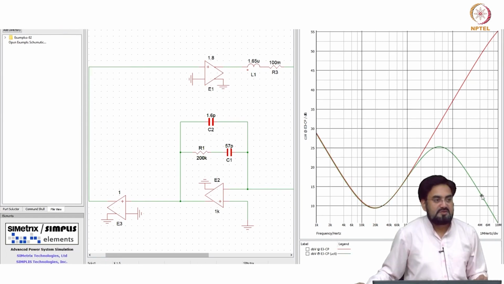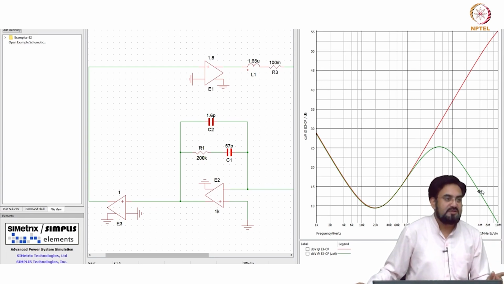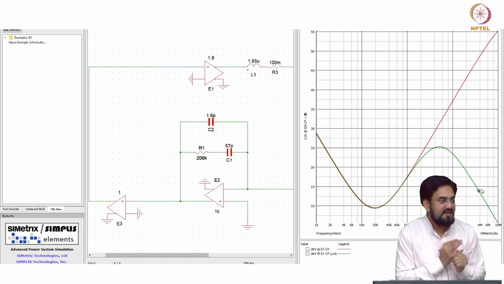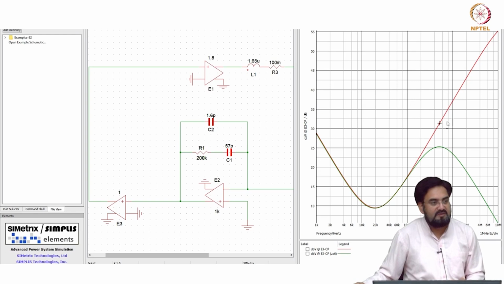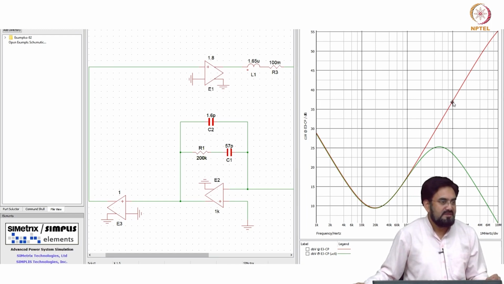Okay, so you have 3 poles and 2 zeros, one integrator and an additional pole. So it was rising, so one pole will cancel the zero, the other pole will cause minus 20 dB per decade. Now if I look at the gain at 1 megahertz, here the gain is 23 dB, but here the gain is 37, close to 40 dB.